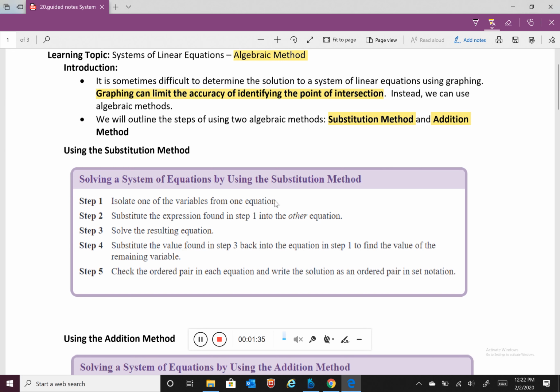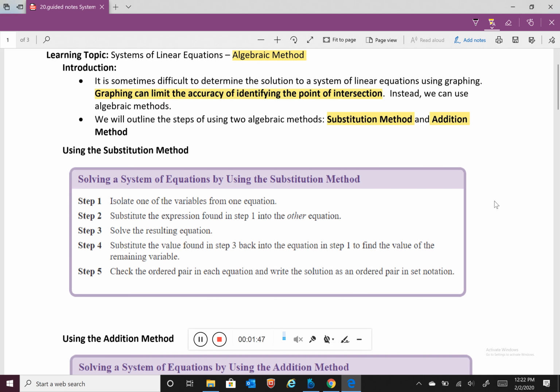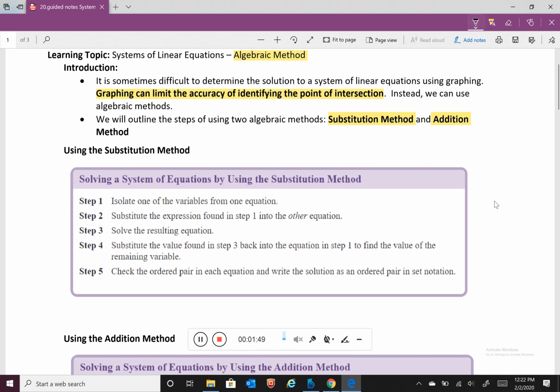What is easiest to get by itself? We will then substitute the expression found in step 1 into the other equation. Now, the other equation is going to be very important because you're trying to combine these two equations. So you're really substituting one equation into the other.